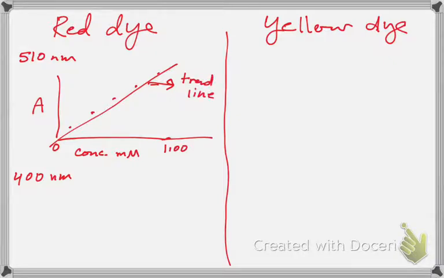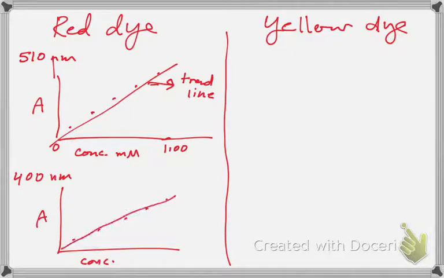A linear equation will be created. Notice that the slope here will be close to 1. Because the red absorbs less significantly at 400, it will still give a linear relationship between absorbance and concentration. However, it will definitely have a lower slope, because it doesn't absorb as high.